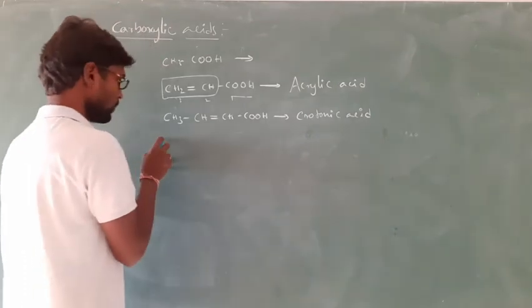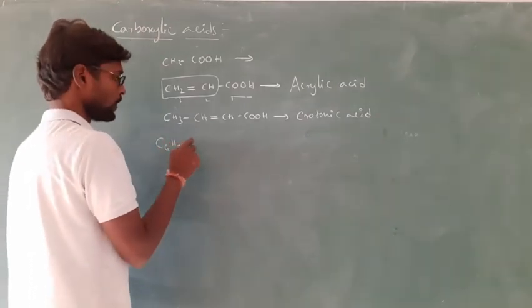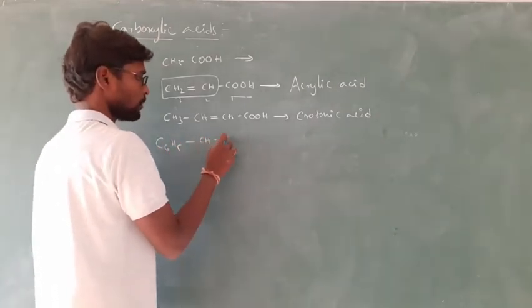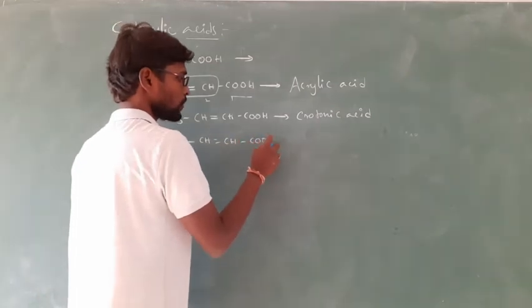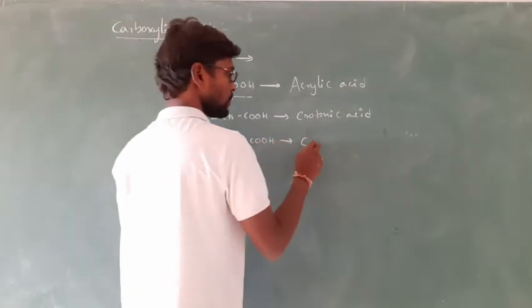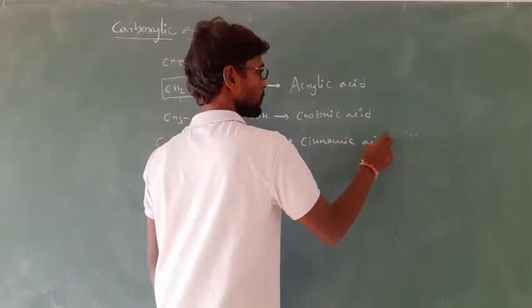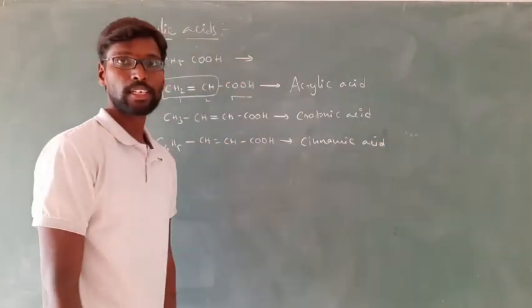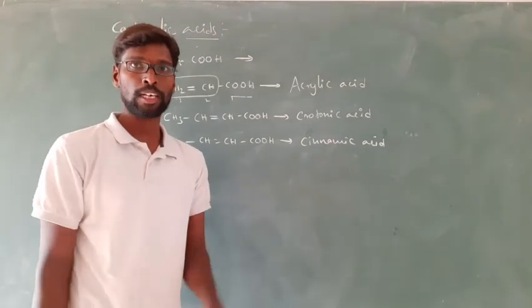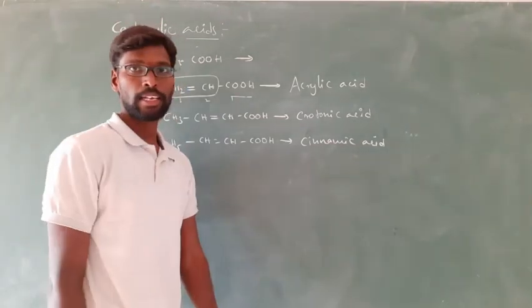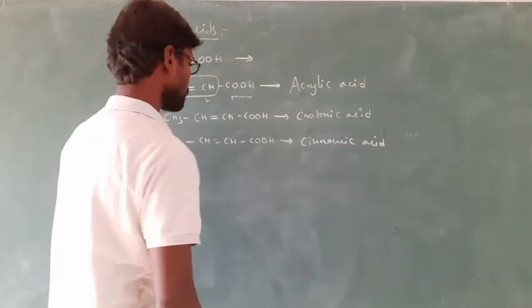Next, if you have C6H5 and CH double bond CHCOOH, this is called cinnamic acid, which we extract from cinnamon bark, a plant extract.